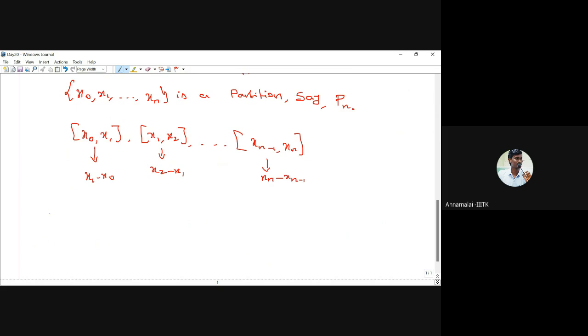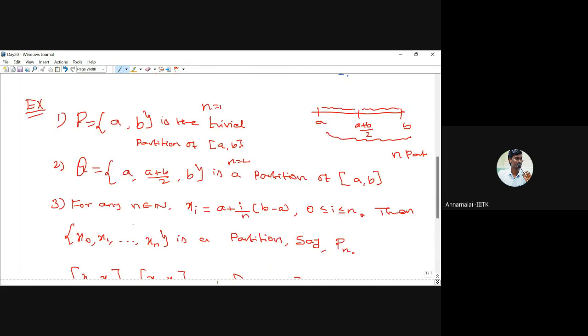Suppose Q is bigger than P, that is, Q contains P. Then we say Q is a refinement of P. In the beginning example, the trivial partition {a, b} is always contained in any other partition, because every partition contains a and b.